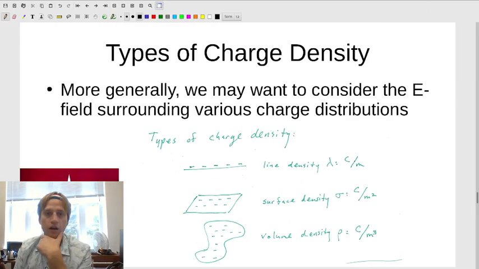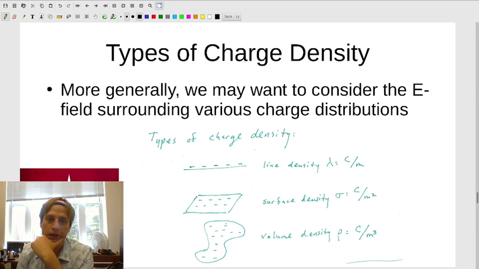We are also going to be considering surface densities. That's where I have a bunch of charge spread over a 2D surface. In that case, we usually use sigma, and that's coulombs per meter squared. And we also can have a volume density where we have coulombs over meters cubed. So that's my charge spread out over a volume.